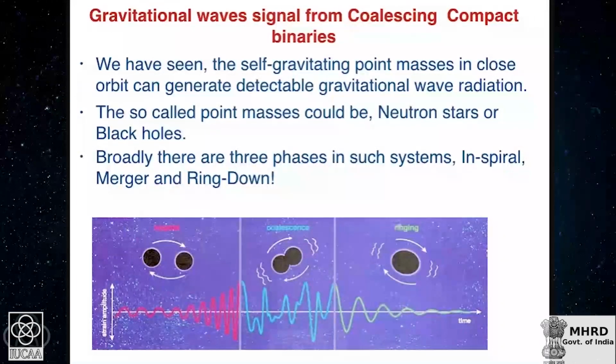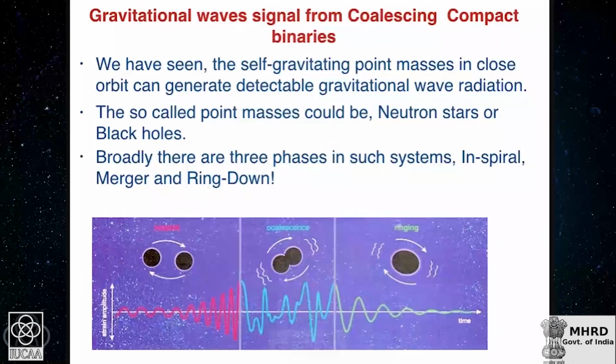Okay, I again emphasize the mechanism and details involving the compact coalescing binaries, because these are the most promising sources of gravitational waves, and these are the sources which are detected by LIGO, and that forms the most important source.